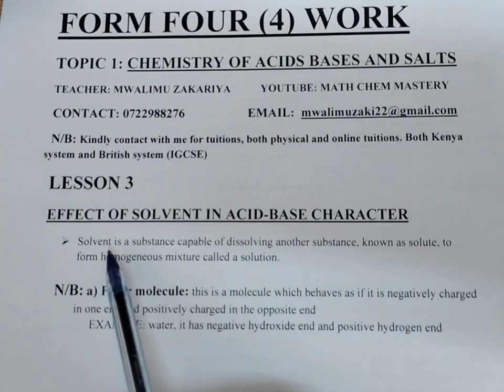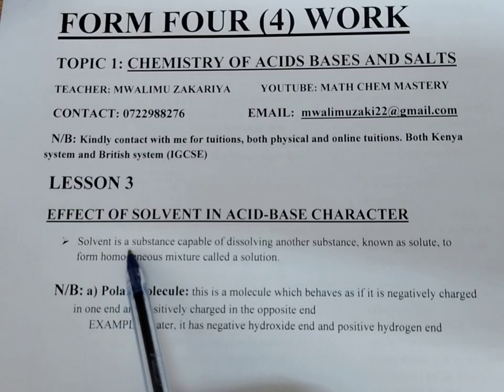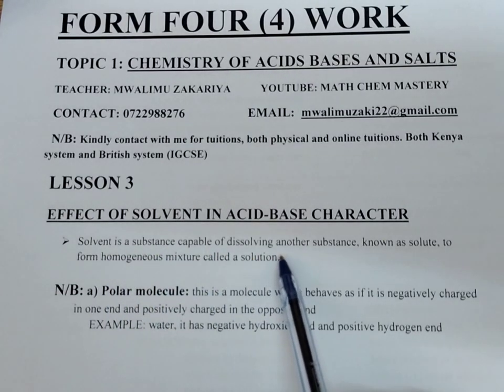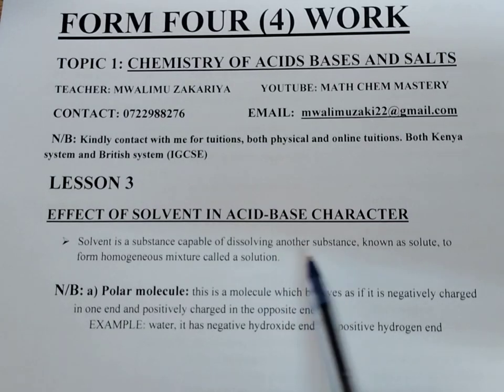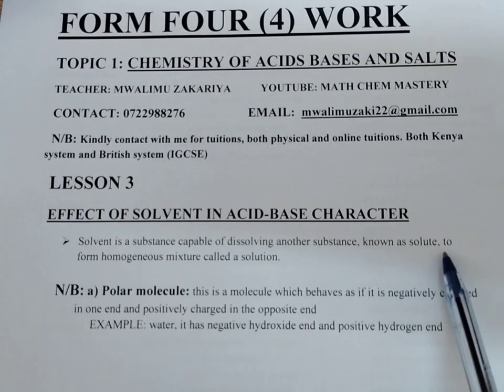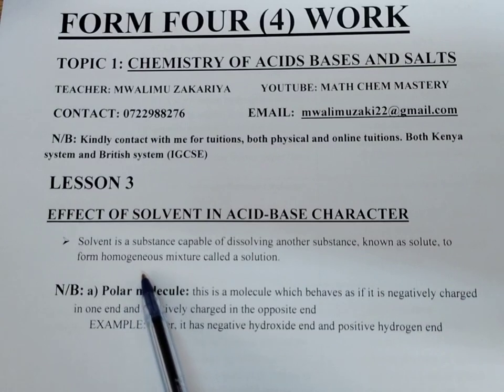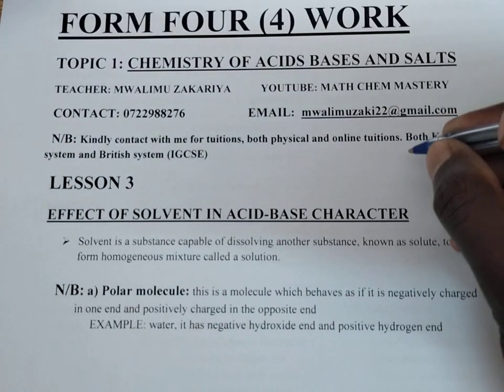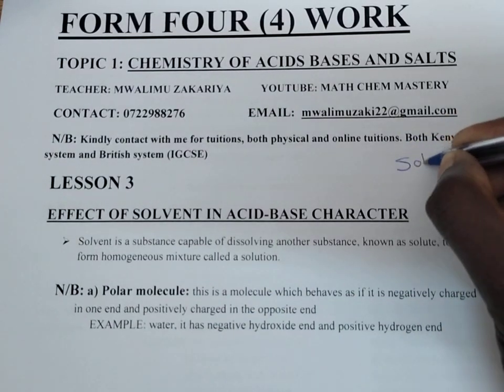First, let's see a solvent. A solvent is a substance capable of dissolving another substance known as a solute to form a homogeneous mixture called a solution. Always, we normally have three things. One is the solute.